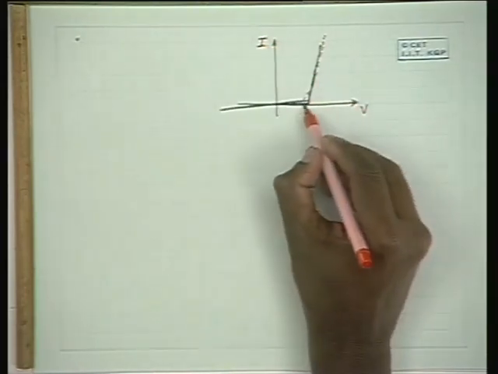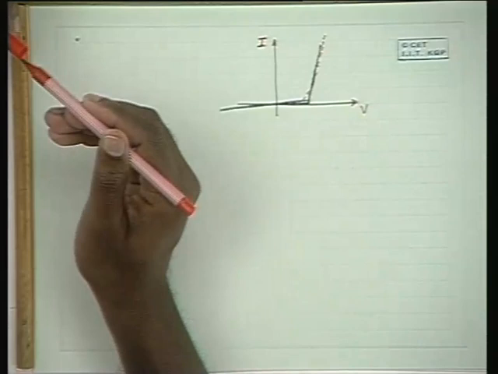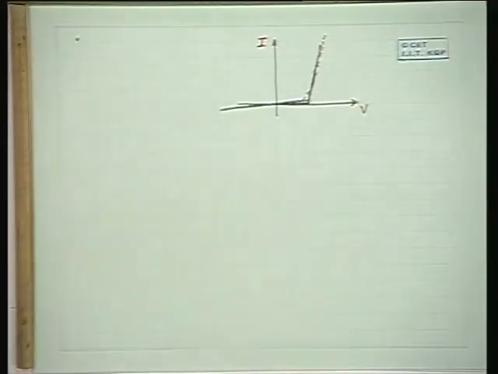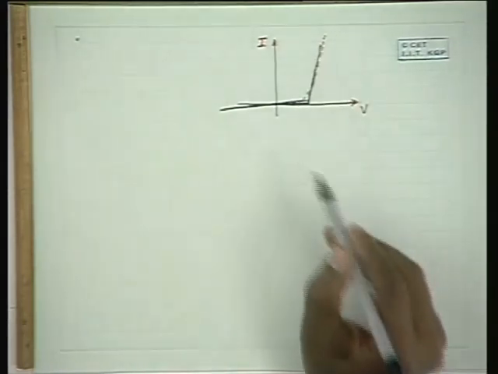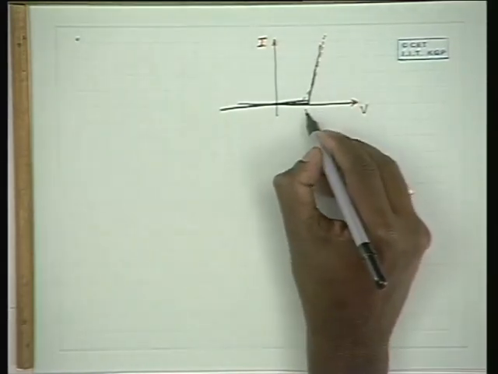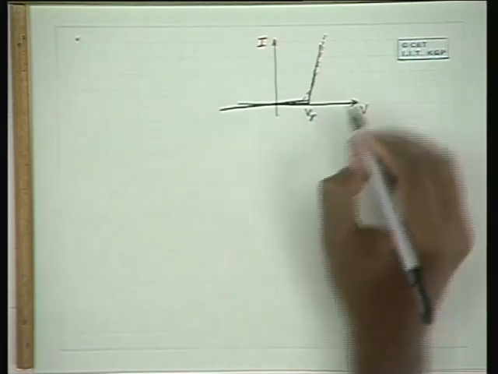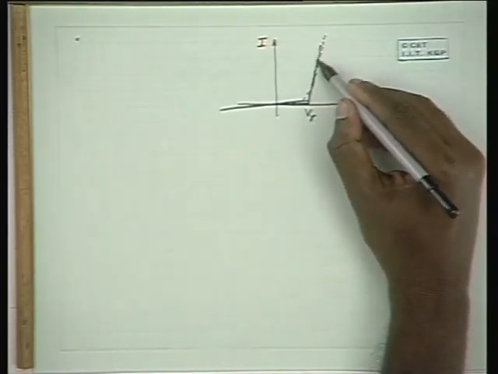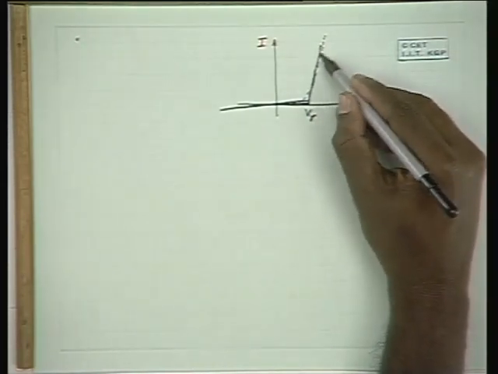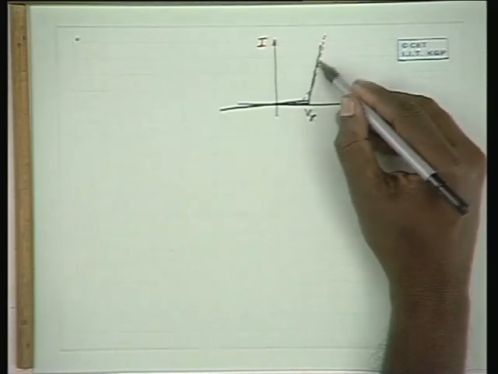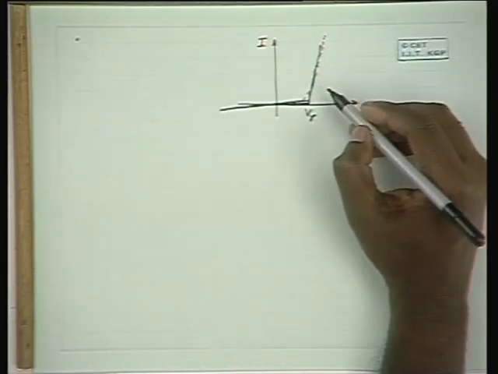We can make it piecewise linear with the objective of representing it by linear equations, with this voltage given by the cut-in voltage, and with this obtained by the slope of the diode characteristics.